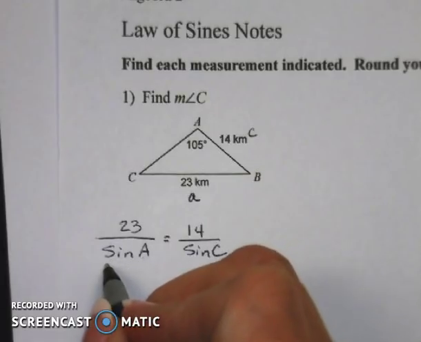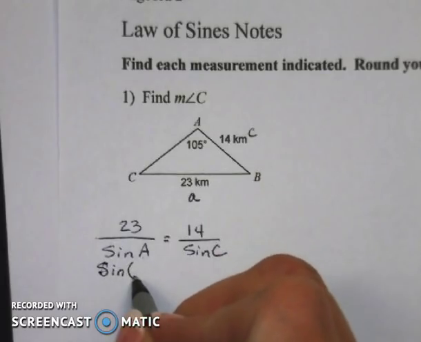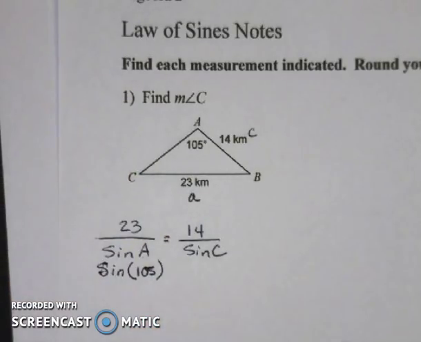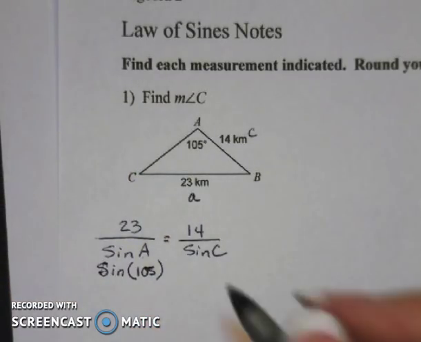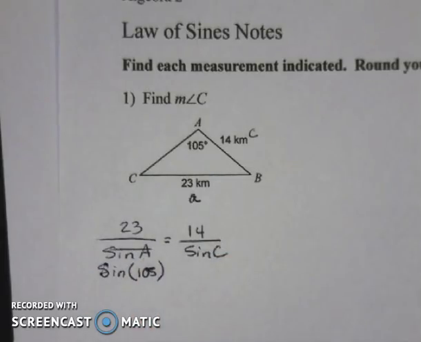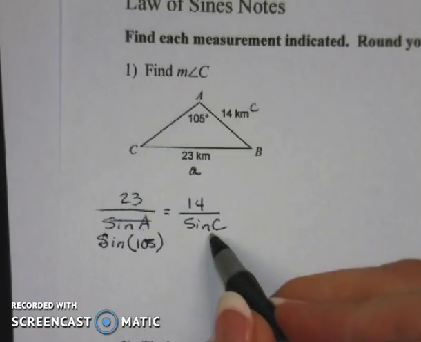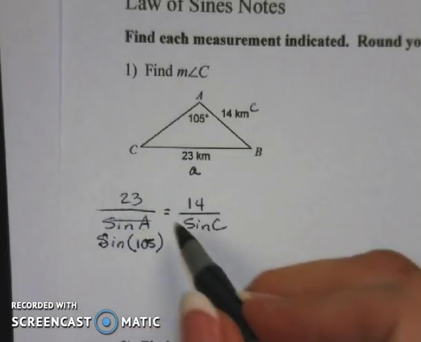Okay, so I should have written sine of 105. So now I have one unknown with two fractions.